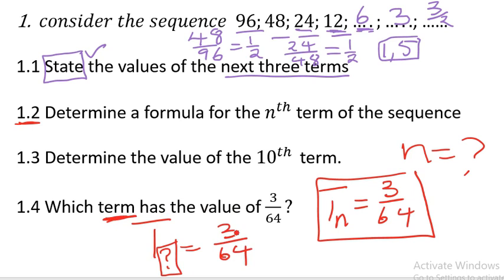So let's answer this question. Let's have a clean page. Another thing we should not forget is the nth term: Tn is equal to 96, open brackets 1 over 2, to the power of n minus 1.